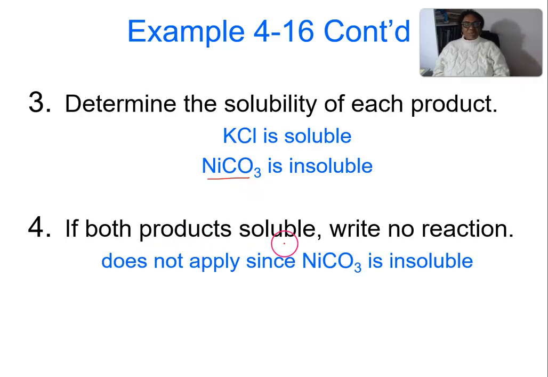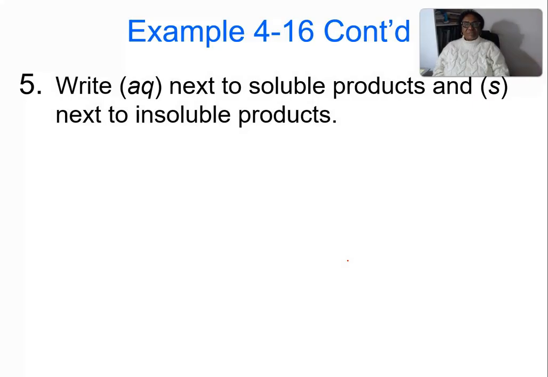So if both products are soluble, write no reaction. But because this is insoluble, there is a reaction. So this reaction is a precipitation reaction. It's insoluble, that's a precipitate. So write aqueous next to soluble products and S next to the insoluble product.